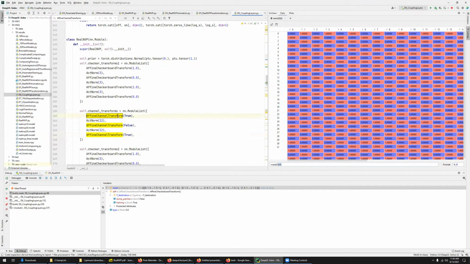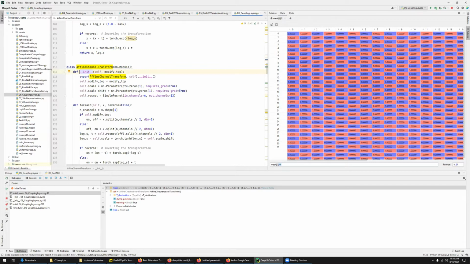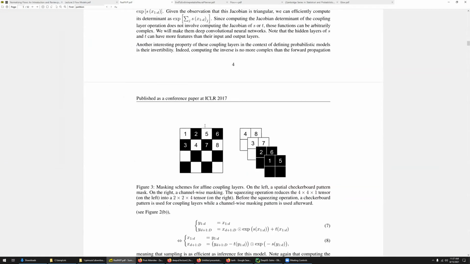If it's true, then it just means modify top. If modify top, then you split it one way. If not, you split it the other way, depending on the channel. There's a picture of it, right? So here's the master checkerboard. Here, you decompose it by the channels.